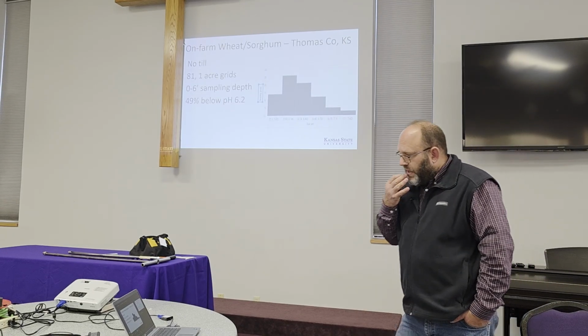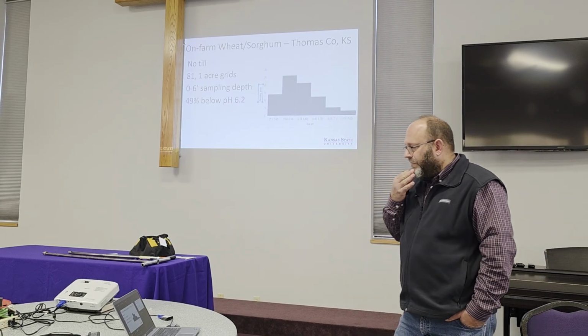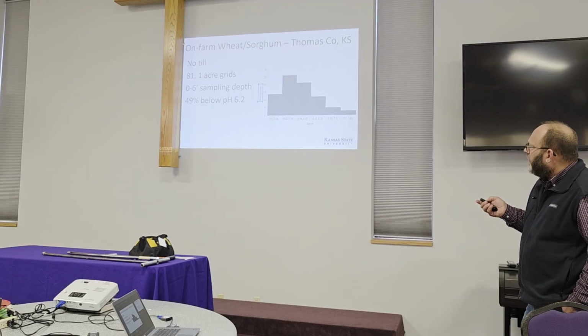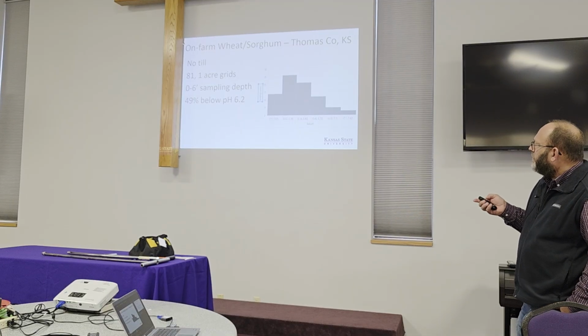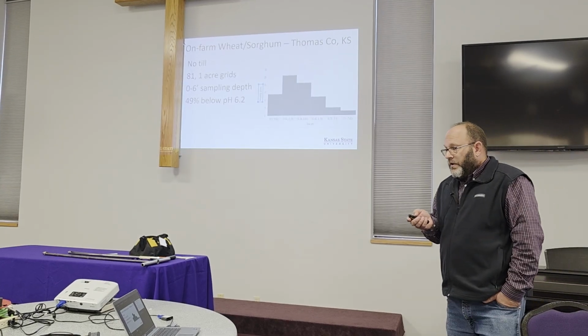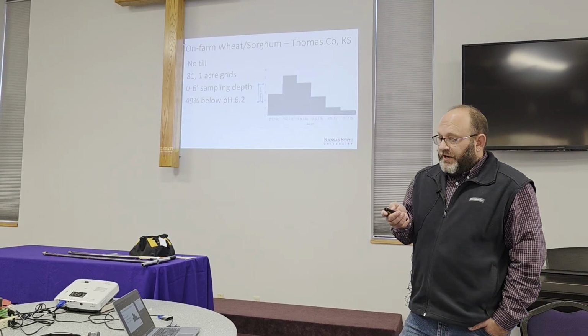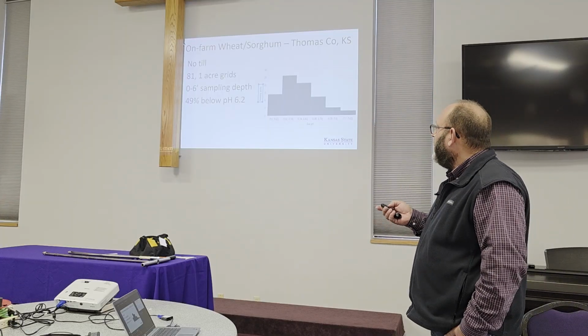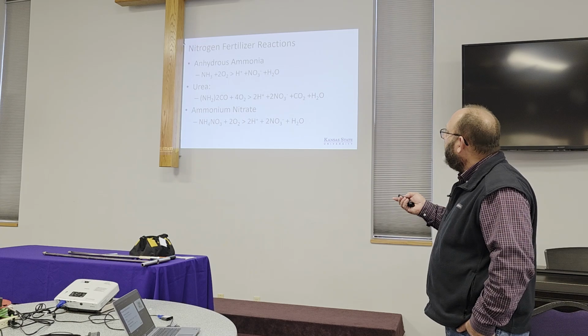So Lucas and I, it's part of a nitrogen management project with Department of Energy and grain sorghum. And we had 81 acres. That was our sampling site on 1 acre grids.